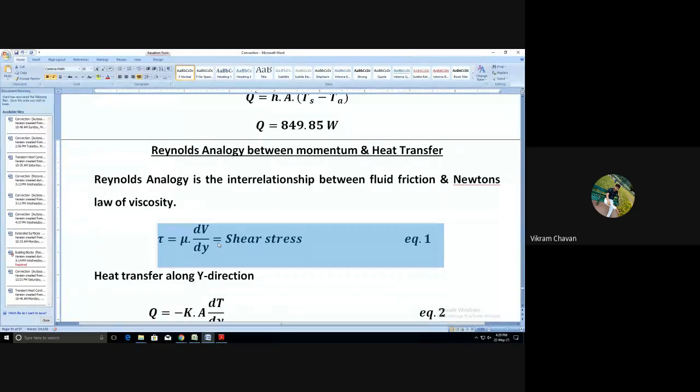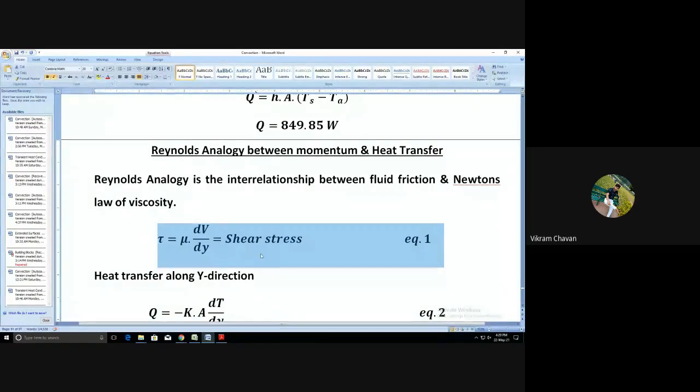Here mu is the dynamic viscosity, dv is the change in velocity, and dy is the change in distance in a vertical direction.